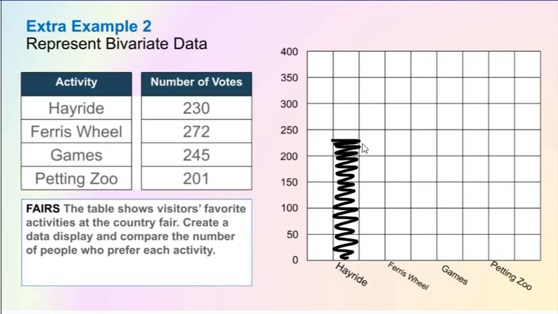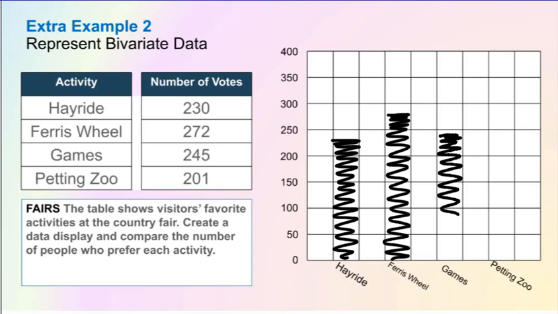Ferris wheel was 272, so almost halfway to 300. Games was 245, so almost 250. And then the petting zoo was 201, so barely above the 200 mark. And there's our bar graph.